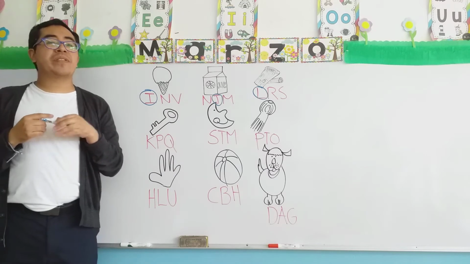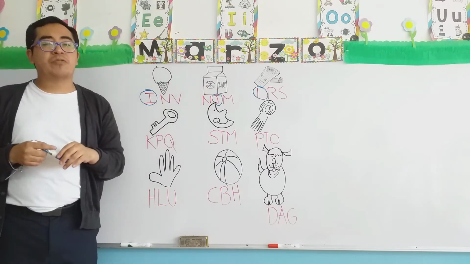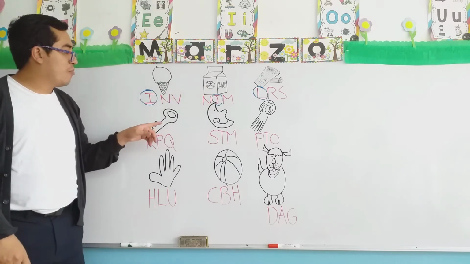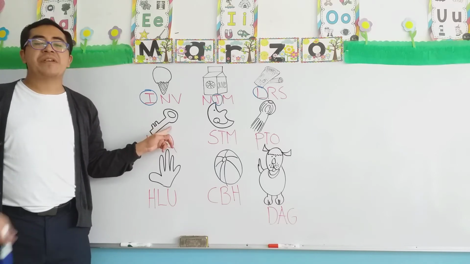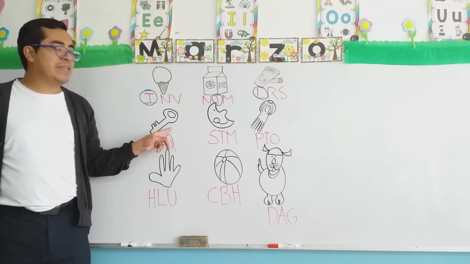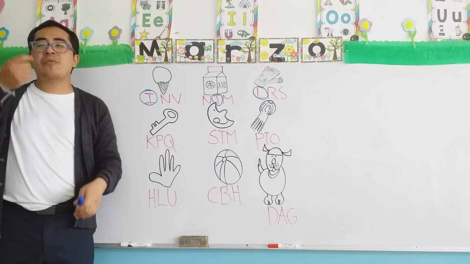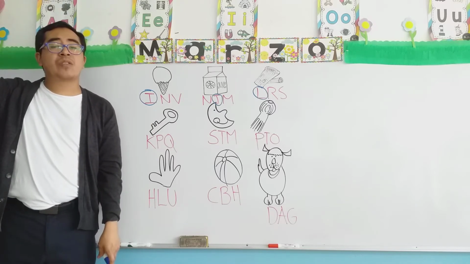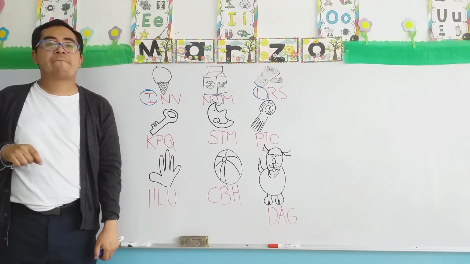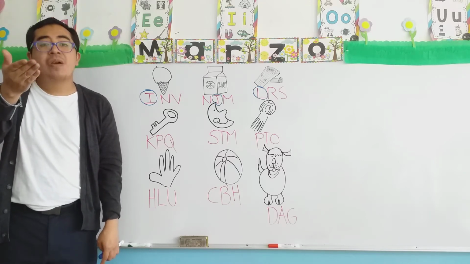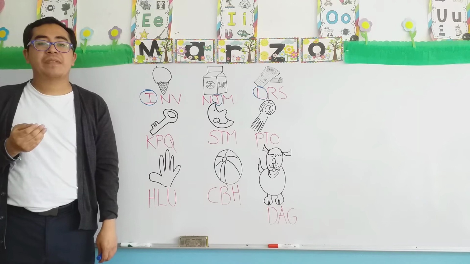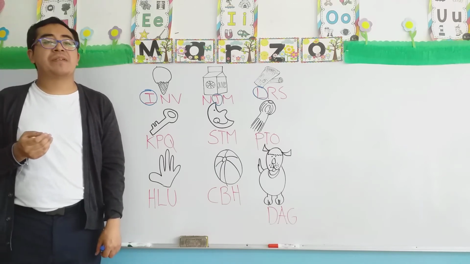Let's continue with the second row of objects. And we commence with this right here. Do you remember what it is? It's an object that we use to unlock a door. Okay, that's the name in Spanish, but in English. Key. Very good.